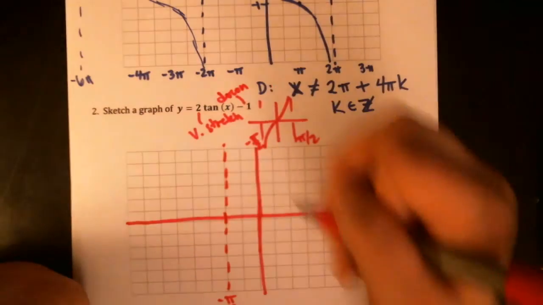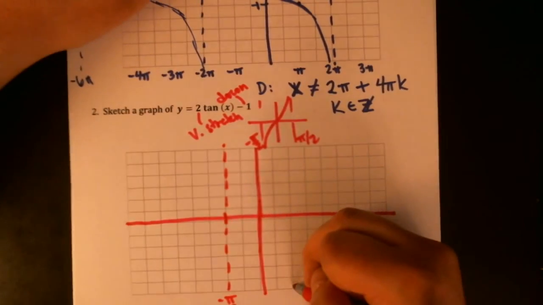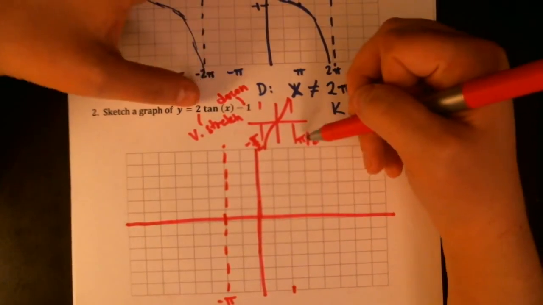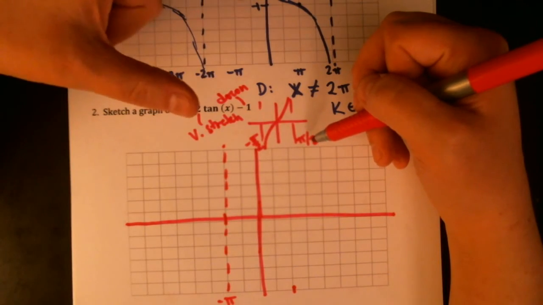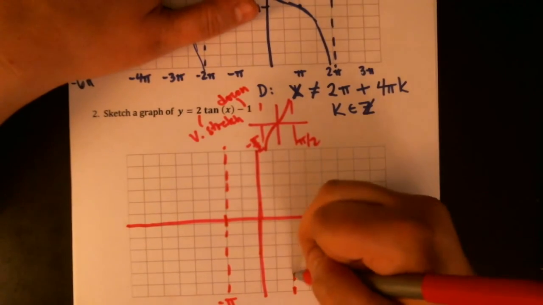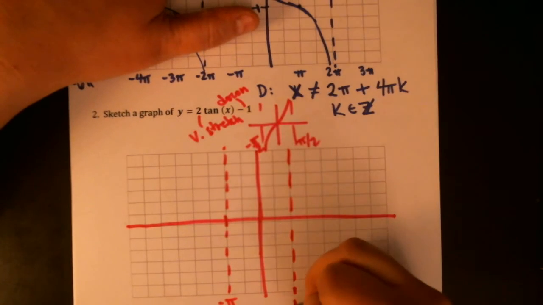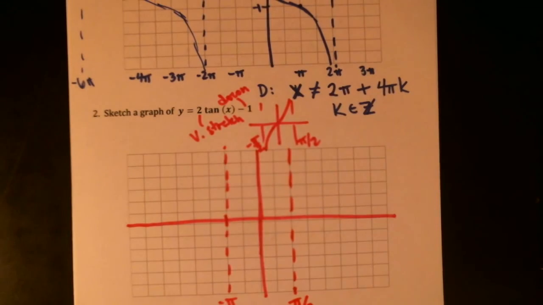And similarly for positive pi over 2, vertical stretch doesn't move it, shifting down doesn't move it, so it's still at positive pi over 2. Okay, so we have asymptotes where we usually had them.